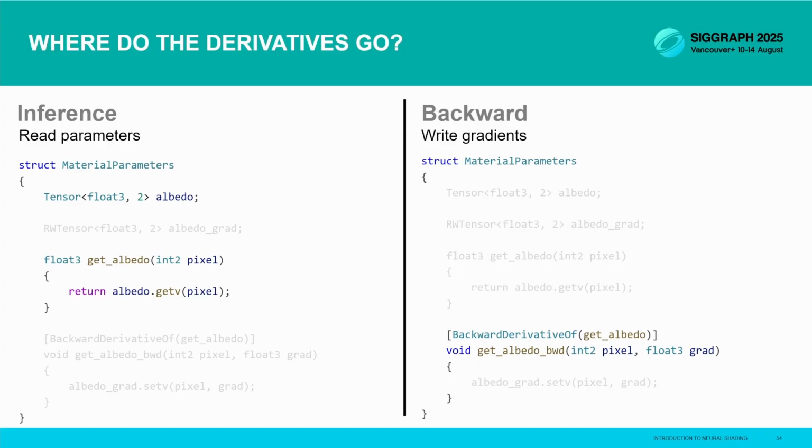Now we'll cover this whole autodiff mechanism in much more detail in a later section, but for now this is actually all that we need. We can just take that derivative and store it in a separate texture of albedo derivatives. And then of course we do the same for the roughness and the normals.